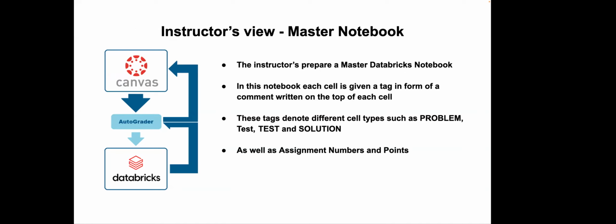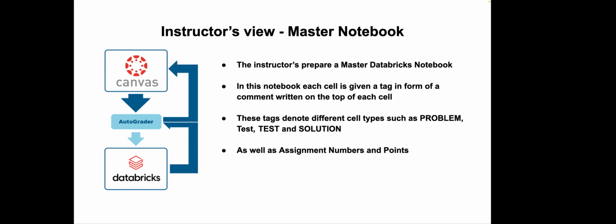These tags denote different cell types, such as problem cells, local test cells, capital test cells that the autograder uses internally to check the solutions, and a solution cell, which represents one possible answer to any given problem in an assignment.